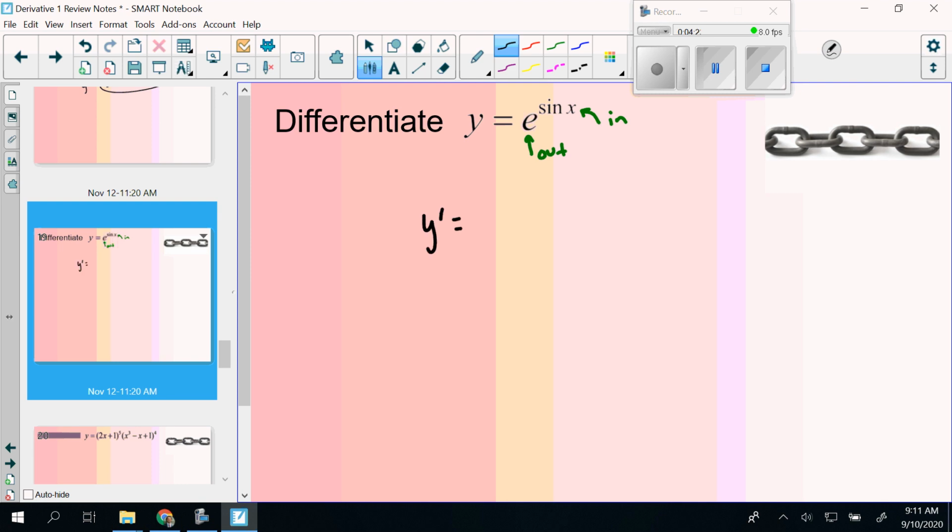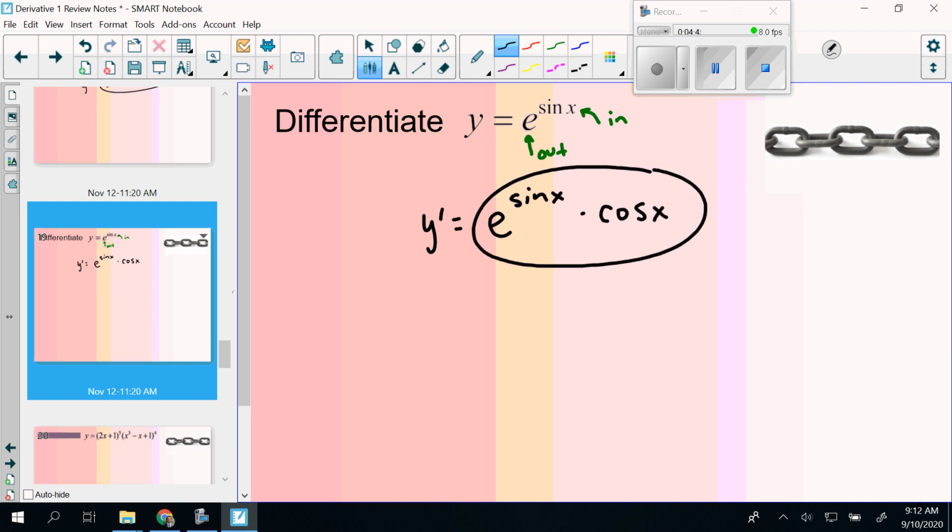So derivative of any exponential with e is the exact same exponential, so the derivative of the outside part is e to something, leaving that inner function the same, sine x. But now we got to do times, what's the derivative of that inner function, or what is the derivative of sine x? In this case, it'd be cosine x. And there's no way to simplify that one, so that would be our solution there.